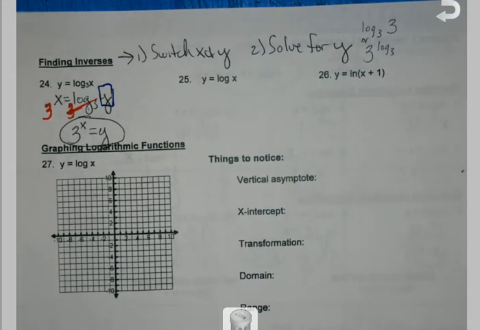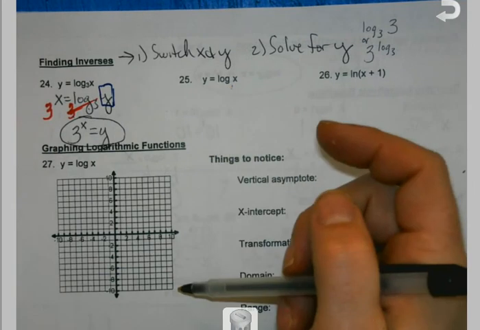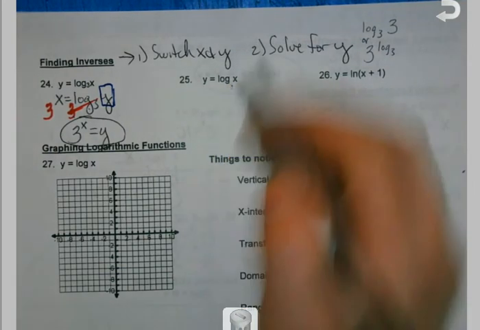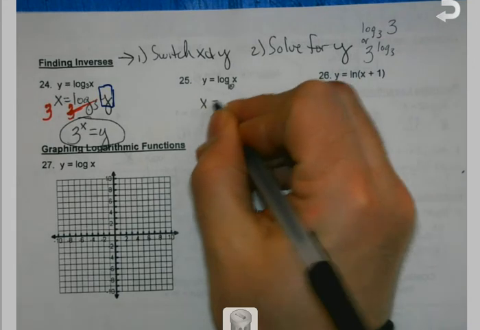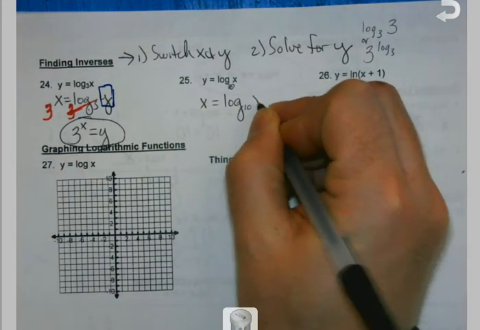And again, it's going to take some practice though. You're like, well, this is the same thing. I agree. What's the little number here again when I don't see it? 10. So what do I need to do to both sides? Once I switch these, look at number 24 as your example.